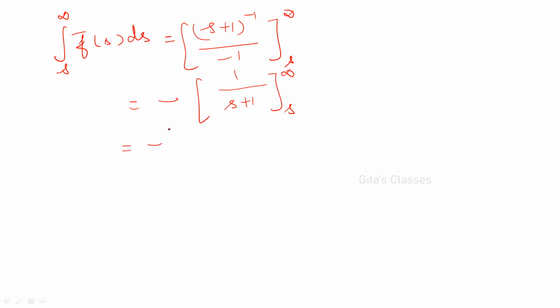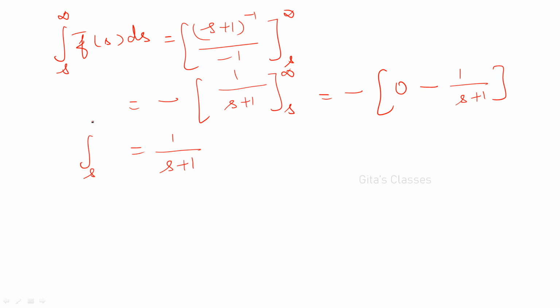When you substitute infinity, what will you get? 1 by infinity, so it will be 0, right? So this is equal to minus of 0 for upper limit infinity, minus, s is replaced by s only, so 1 by s plus 1, the same function you will be getting. That is 1 by s plus 1. So integral s to infinity f bar of s ds is 1 by s plus 1.